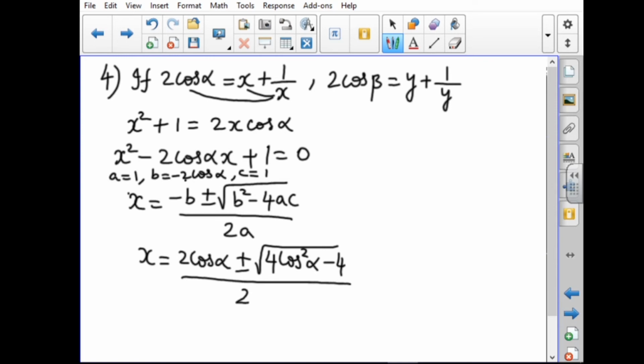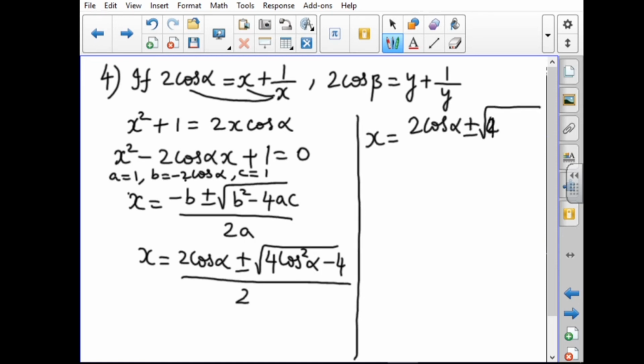Now we can write x is equal to 2 cos alpha plus or minus, taking 4 outside, we get cos square alpha minus 1, divided by 2. So what is cos square alpha minus 1?